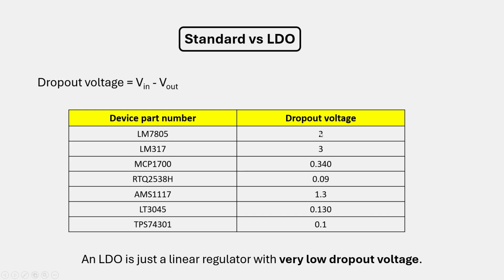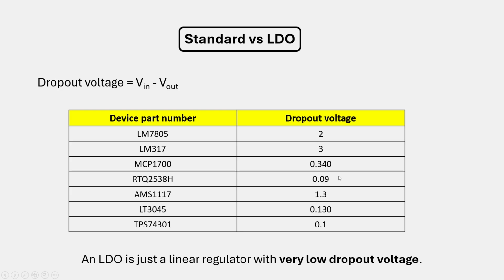The 7805 can deliver 5 volts if it has 7 volts or more at the input. But if you go to something like this MCP1700, it requires 340 millivolts of dropout voltage, which is very low. But this part, for example, is rated for like 250 milliamps, so it's not really a high power device. But this part from Richtek is very expensive and very advanced. It is an LDO which has a mere 90 millivolts of difference.